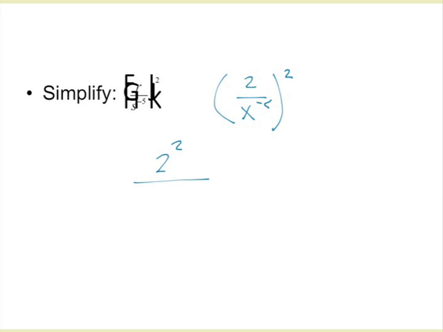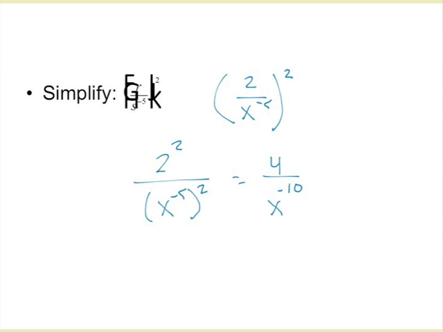So 2 squared and x to the -5 squared. Well, 2 squared you could either do or not do. I don't really care, but we'll just write it out as 4. You could leave it 2 squared if you wanted to. What do I do for x to the -5 squared? Power to a power, we multiply. So x to the -10, exponent to an exponent, we multiply.